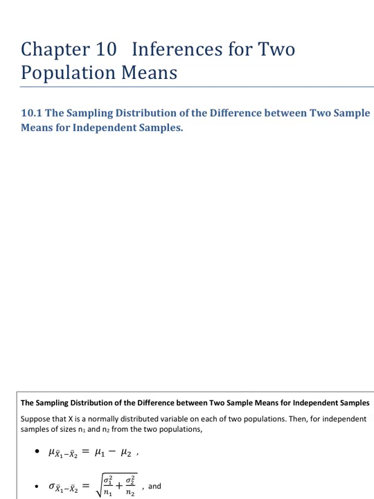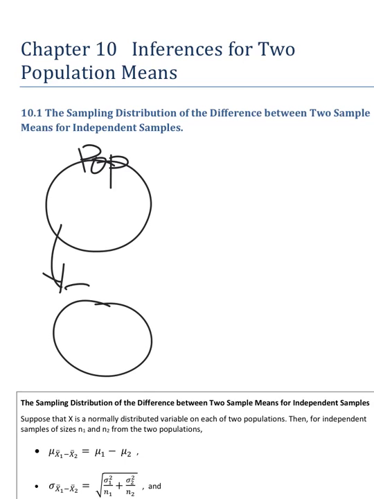So that means here's a population. We took a sample. Here was the unknown population mean, unknown population standard deviation.